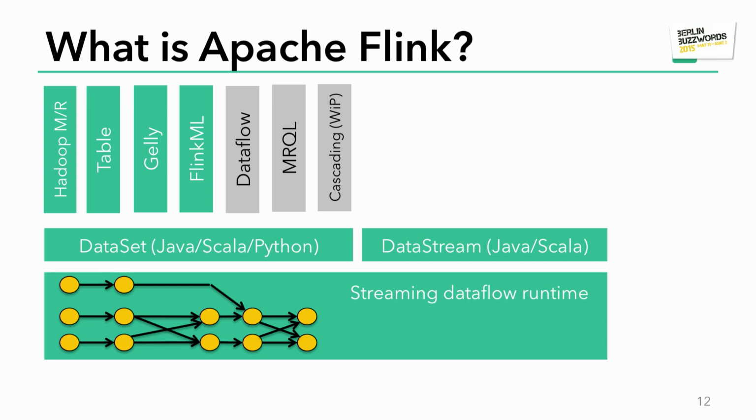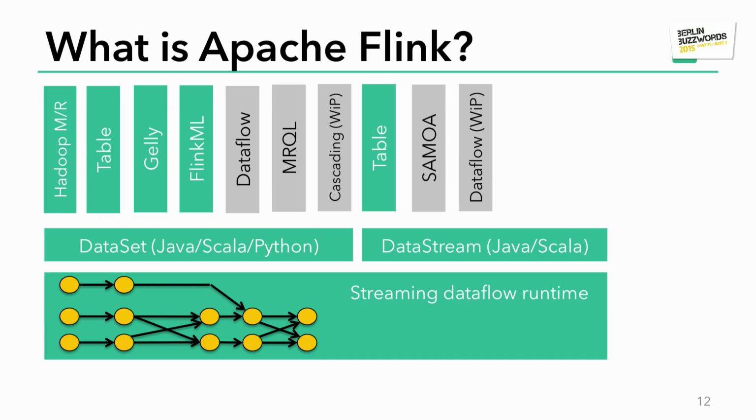So if you know SQL, then you will quickly be familiar with the table API as well. And it's really nice to work with. The table API is also available for the streaming part of Apache Flink. But since the streaming part is younger than the batch part, the ecosystem isn't as rich yet as for the batch part.